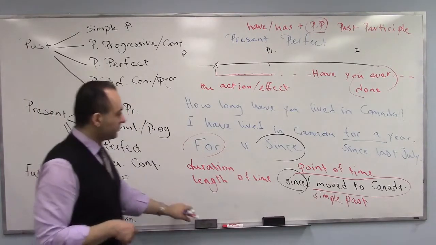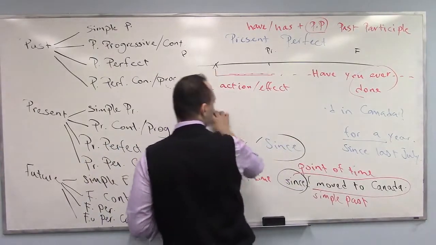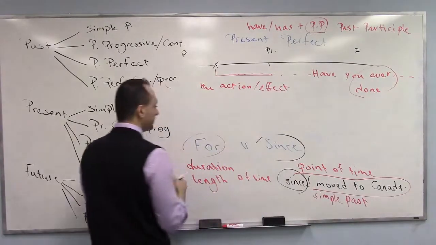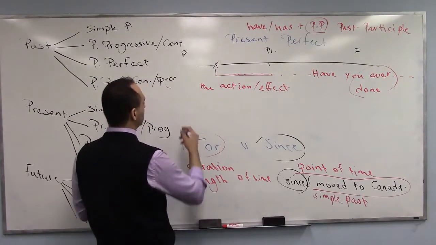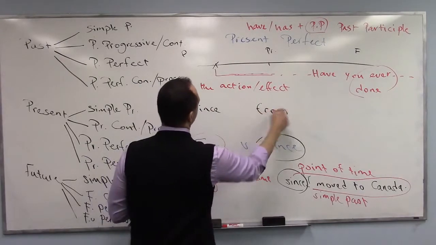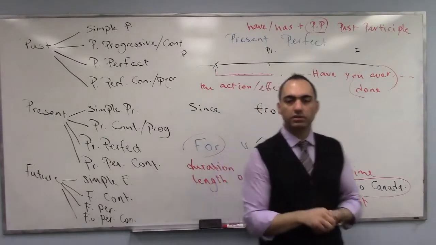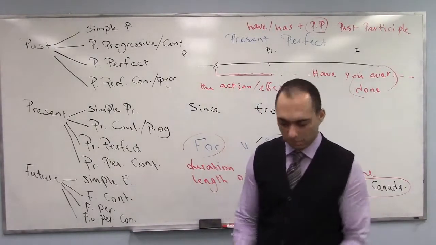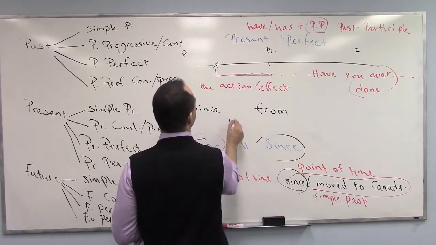But since versus from, before. We know since versus for. How about since versus from? What's the difference? From 1998, since 1998.